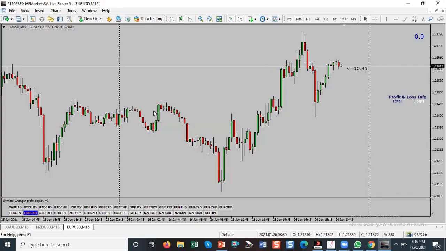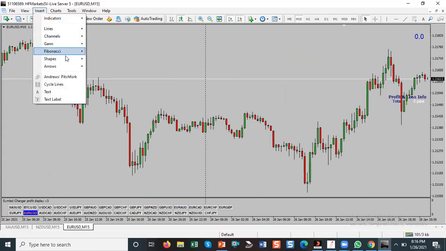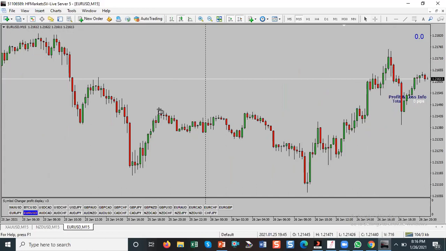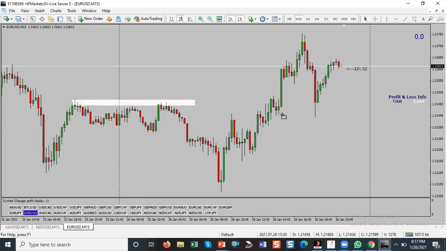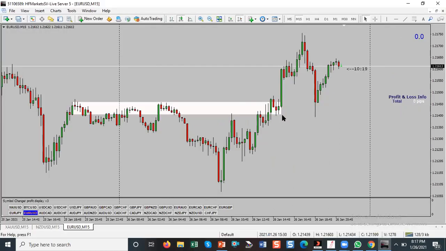All right, so if you look at this chart, you will have some areas like here. Look at this point. Like this area.